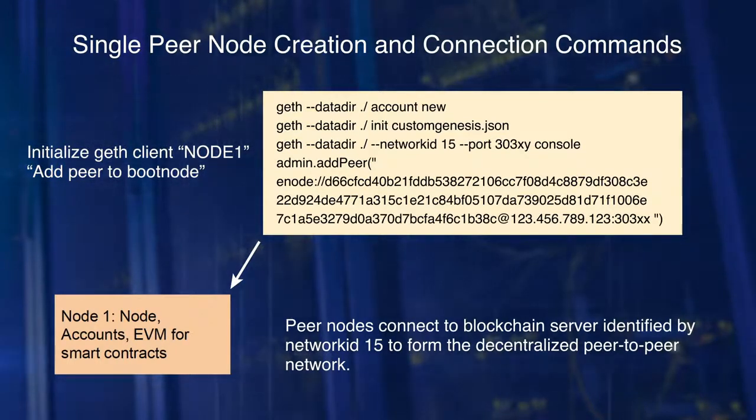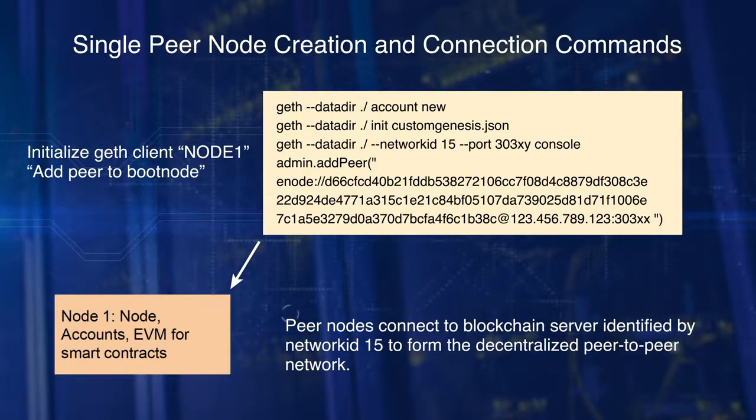The IP address and the binding port of the boot node, 303XX, represents the port number of the original node, node 0, that we created. This is how peer nodes are created and connected to join the blockchain network.